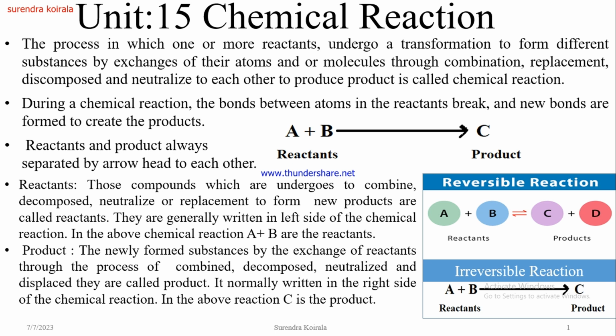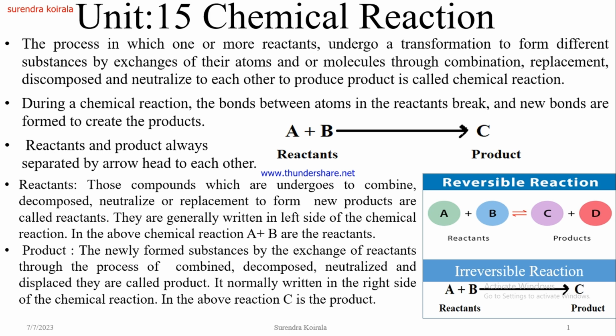That means irreversible reactions cannot change from reactants to product and product to reactants after the chemical change. So these kinds of reactions are known as irreversible reactions. For example, let us consider A plus B as the reactants and C as the product.